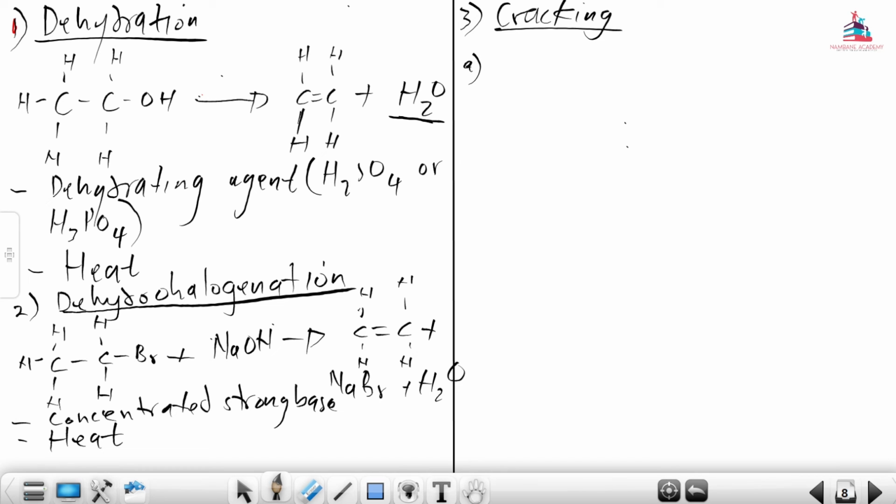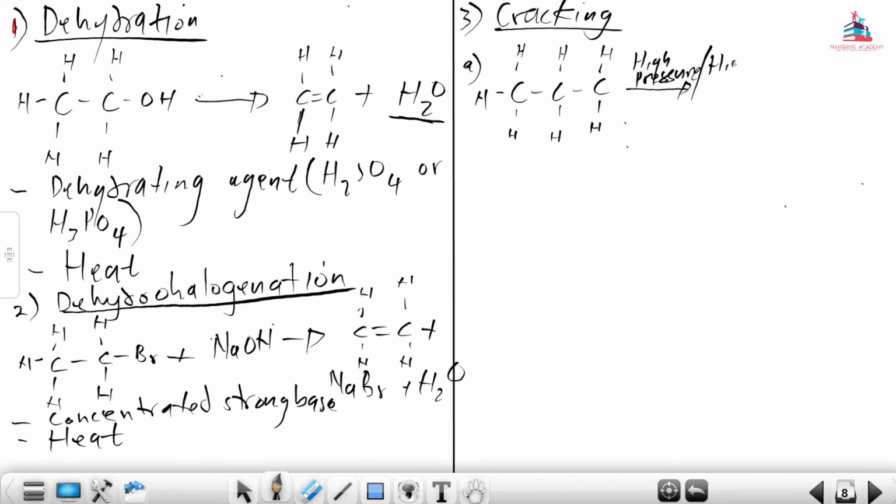The first one is, let's have 1, 2, 3. We said it must start from a hydrocarbon. So what are we going to do here? We are going to have high pressure and high heat.